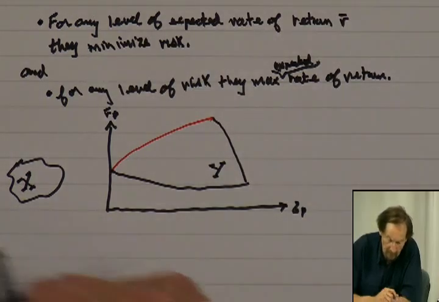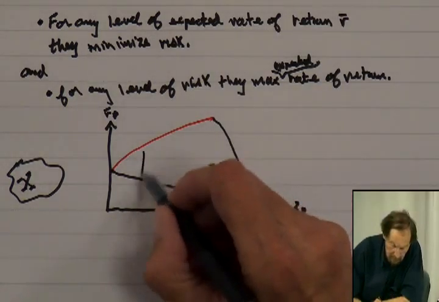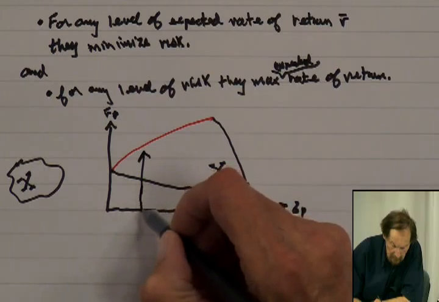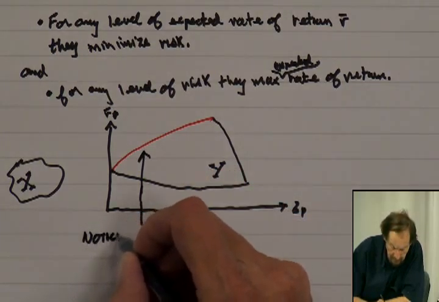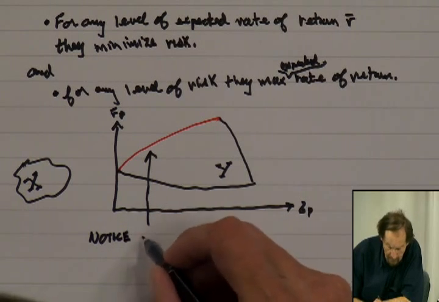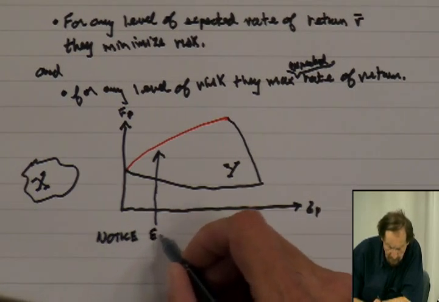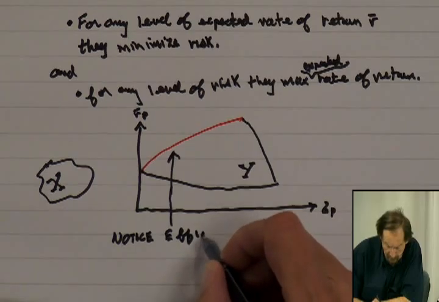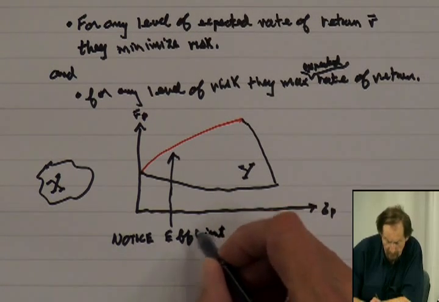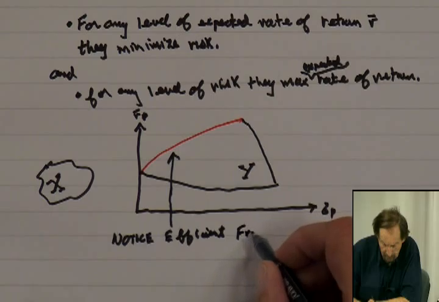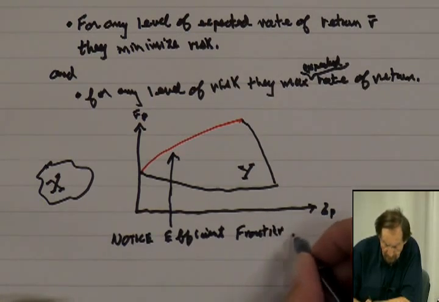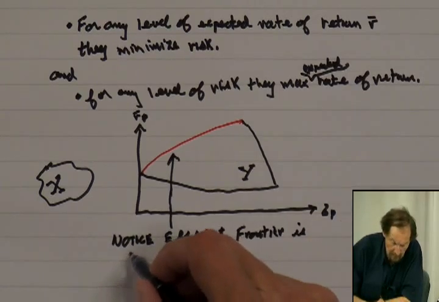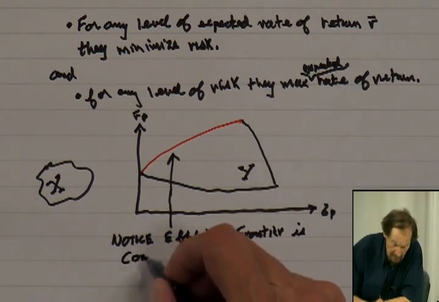Now notice that the efficient frontier is, and we'll call it concave.